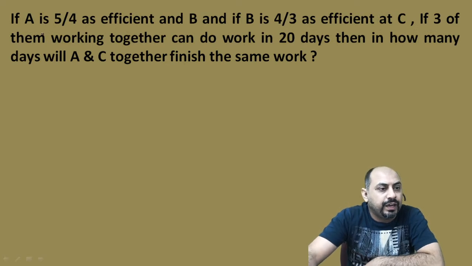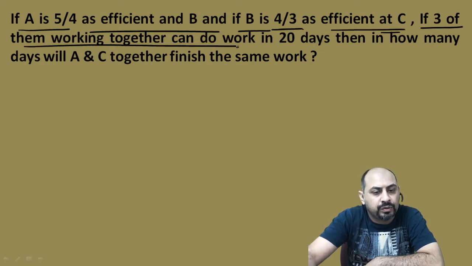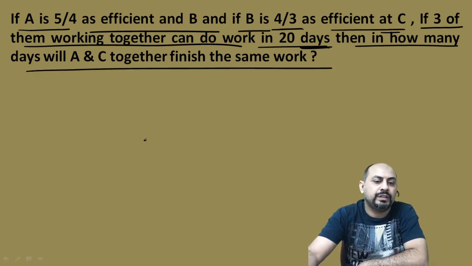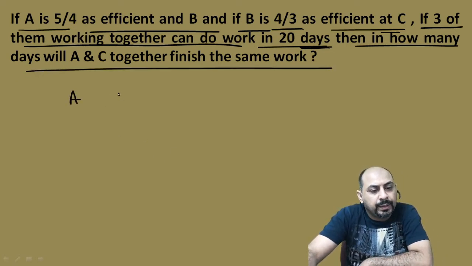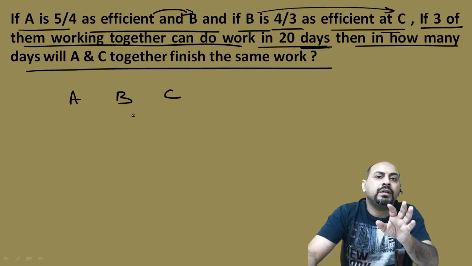Okay, if A is 5/4 as efficient as B, and if B is 4/3 as efficient as C, if three of them working together can do a work in 20 days, then in how many days will A and C together finish the same work? So A, B, and C. A is related to B and B is related to C, so we'll have B in the middle.